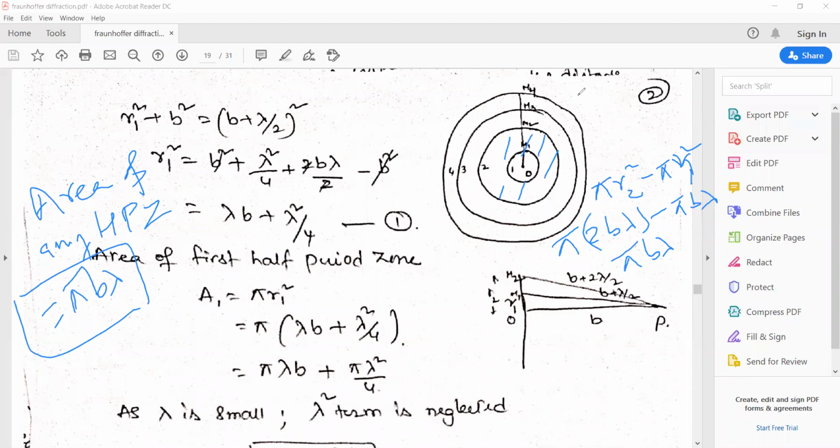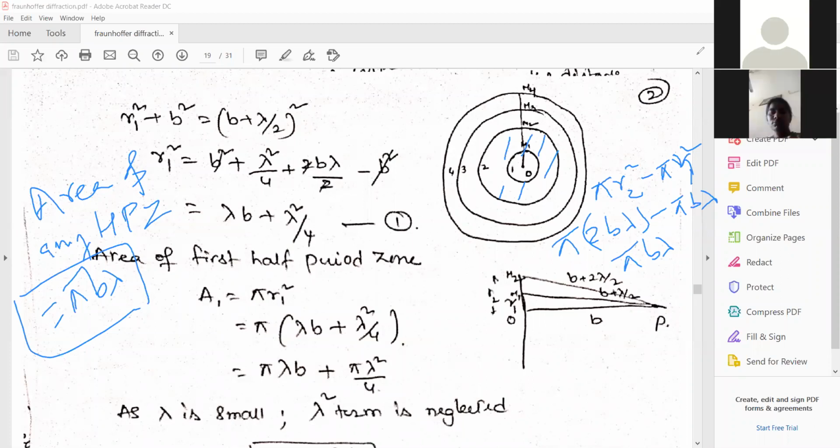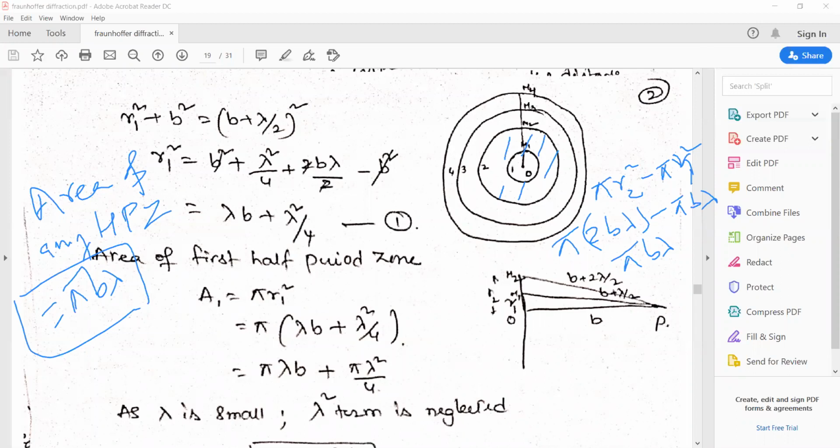They do not depend upon the number of the zone, so the area of all the zones will be the same, pi b lambda only.